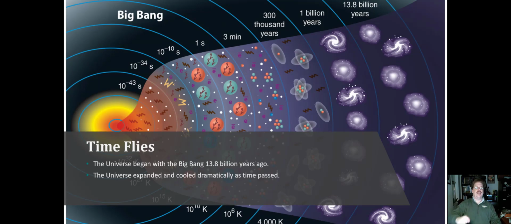We are not looking at it as it is right now. When we look at the Andromeda Galaxy, we are looking at it as it was 2.7 million years ago. We are not looking at it as it is now.